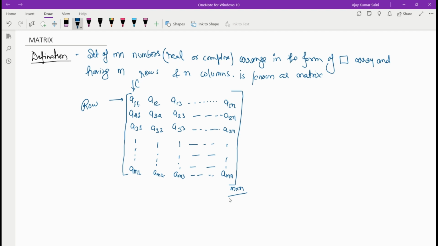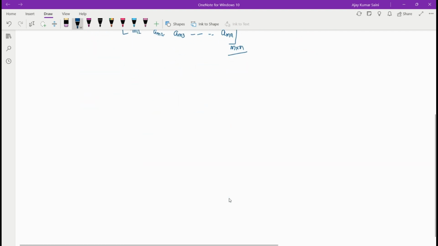After that I take an example, because there are so many students who are not able to multiply two matrices.